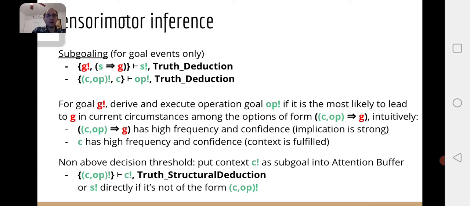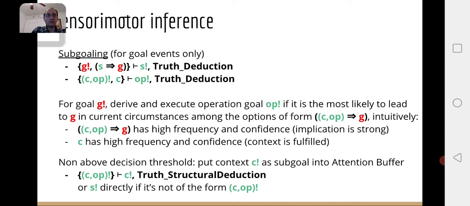At least so high that the operation can be seen as the candidate which most likely leads to G to happen. If, however, none of the candidates is promising enough to get G, meaning the truth value does not suffice, in this case the context is derived as a subgoal.